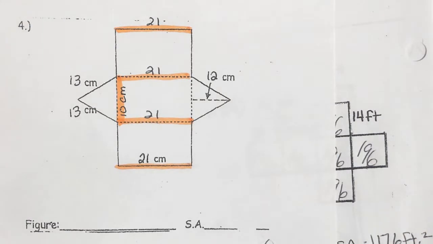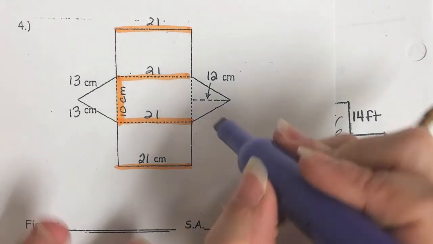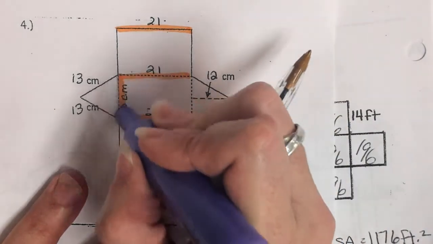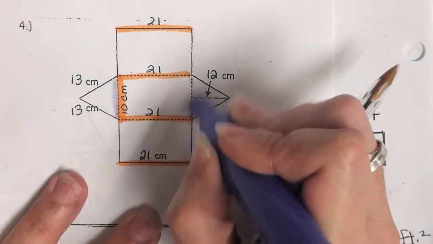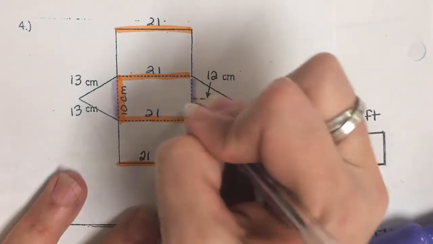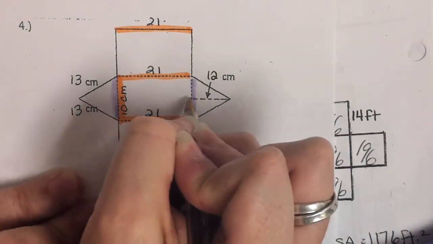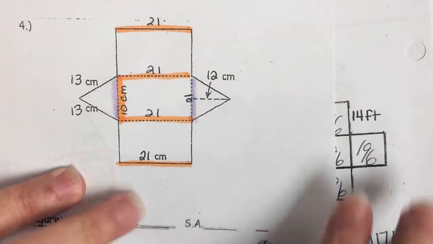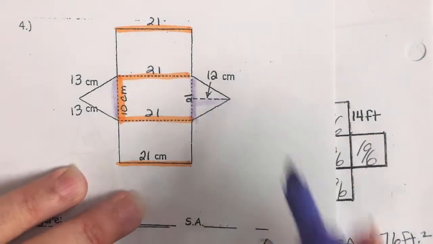Now, I want you to think about the triangle on the end. If this is 10, then this is 10. So that triangle is a 10 by 12. 10 by 12 divided by 2. Does that make sense?